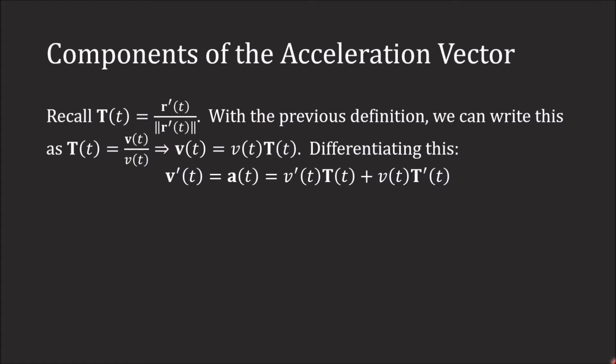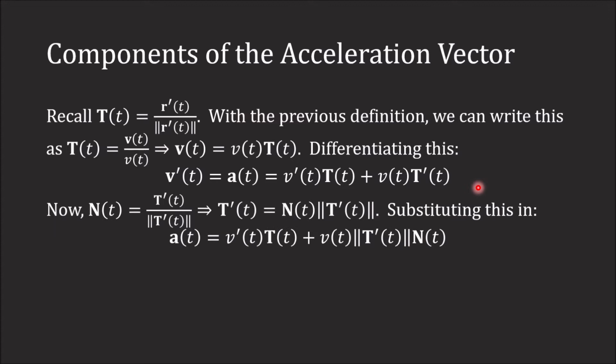So with the previous definition, we can write T as the velocity vector over speed. So this means that velocity is speed times the unit tangent. If we differentiate this, we'll get the acceleration vector is equal to the derivative of speed times the unit tangent plus speed times the derivative of the unit tangent.